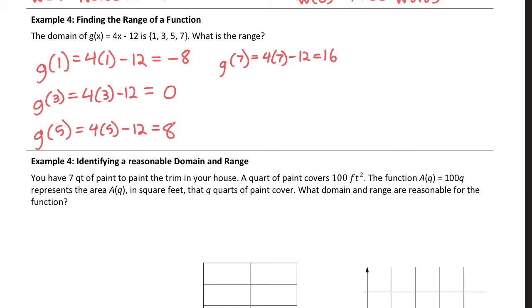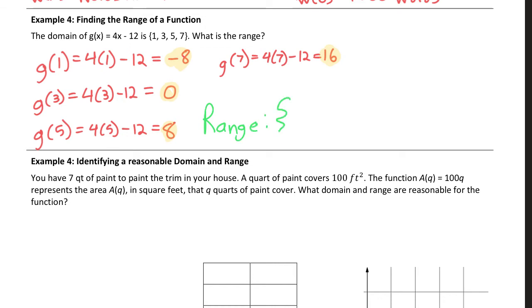So what I'm going to do is I'm going to write my range as a list, just like they wrote the domain as a list. So my range, I'm going to write this in order as well. So that would go negative 8, 0, 8, 16. I'm going to show you how I want you to write that. So my range.